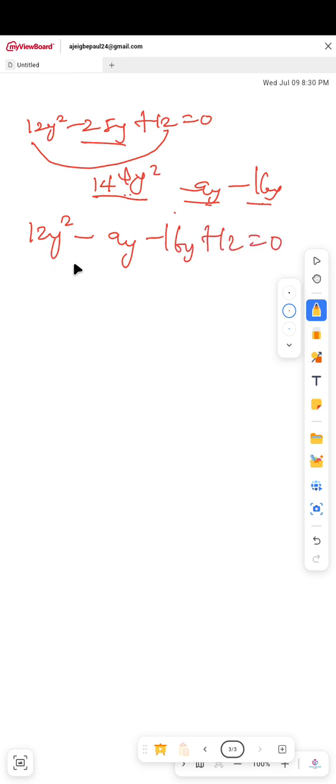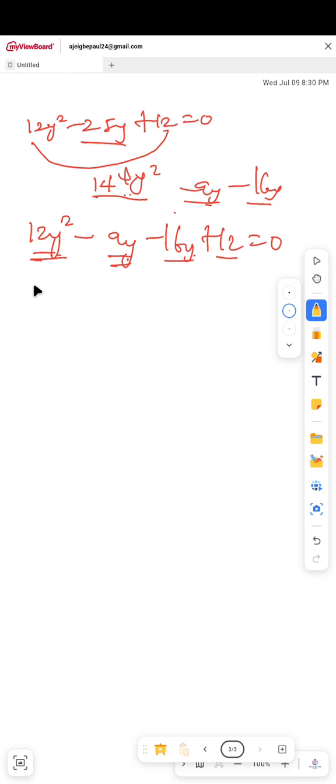So we can factorize. 3y is common in 12y squared and 9y. And then also here, 4 is common in 16y and 12.